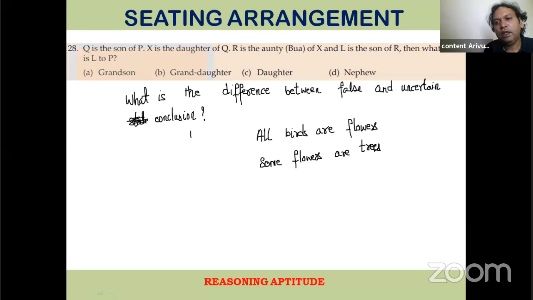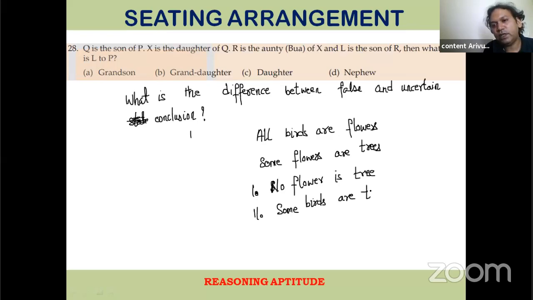Okay. And let's write down two conclusions here. First one is, let's say, no flower is tree. No flower is tree. And the second statement, let's write down here: some birds are trees. Some birds are trees.